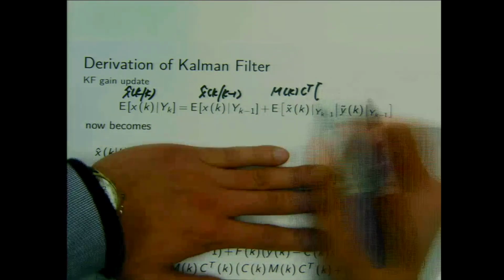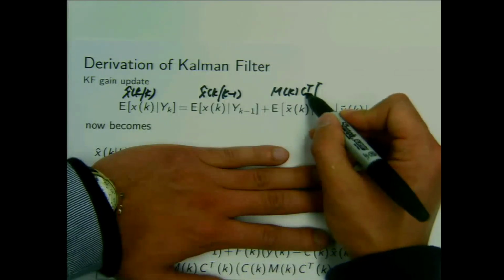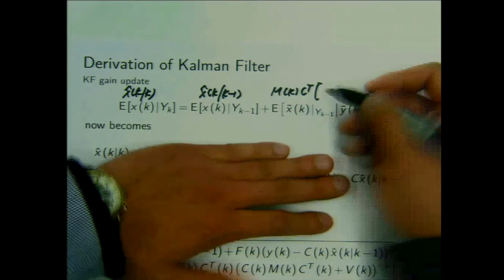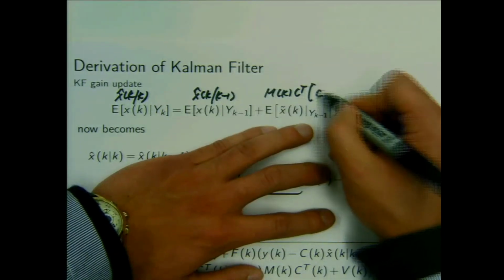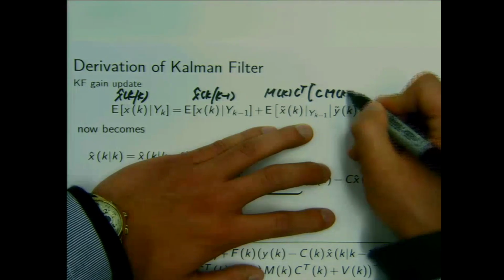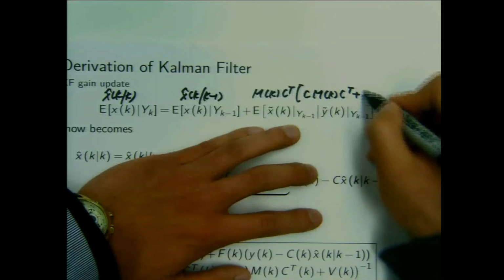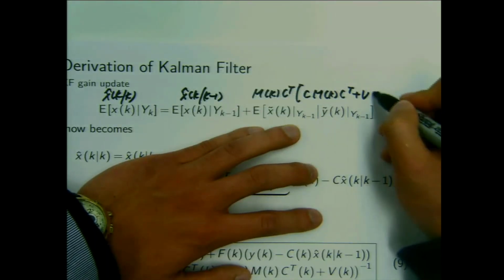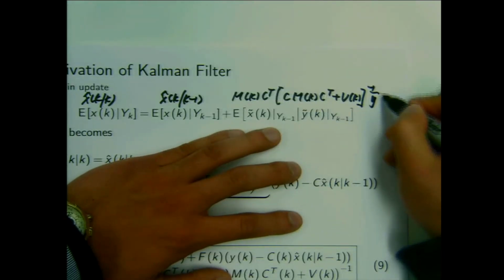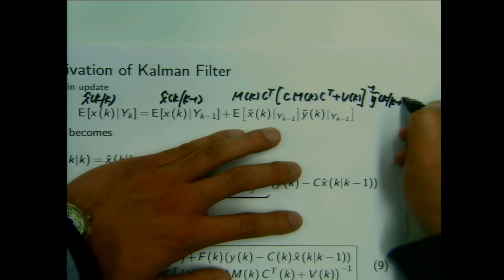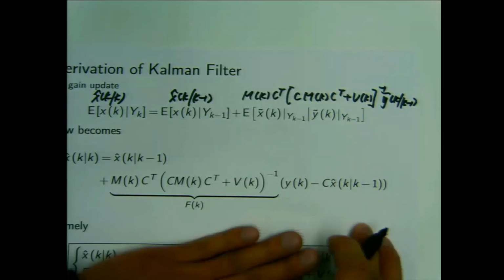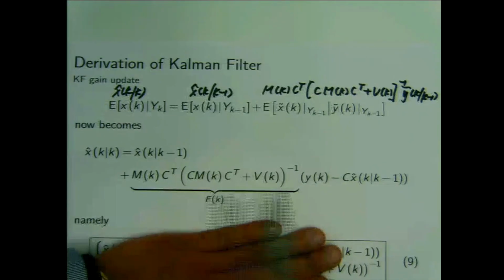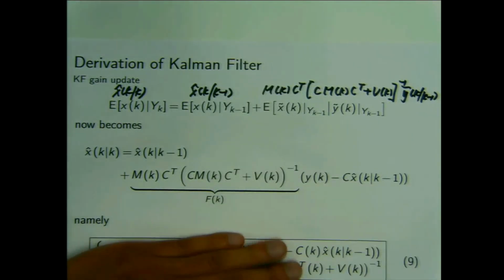Okay, I don't have much space, so I will write down the case for constant matrices A, B, C, but it doesn't matter if C is time varying. I'll write Vk inverse, and then finally it's y tilde k given k minus 1. So the result is this.